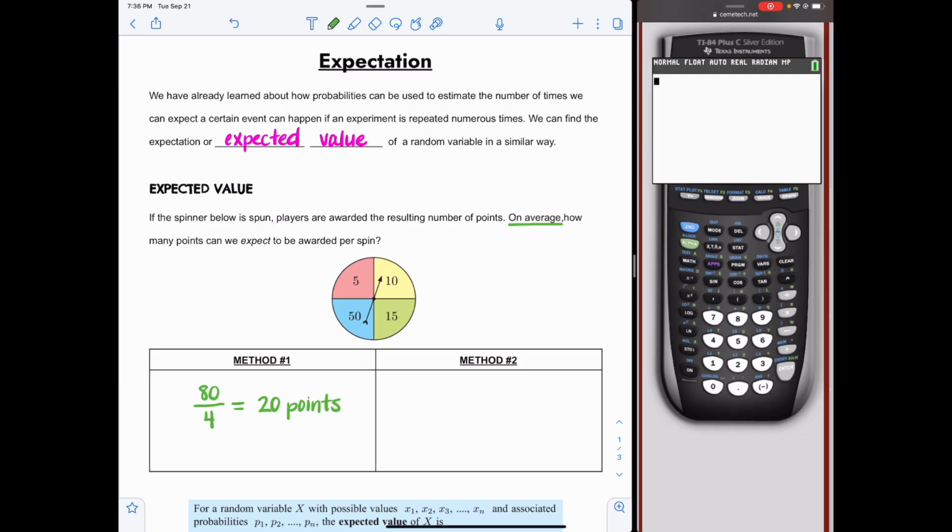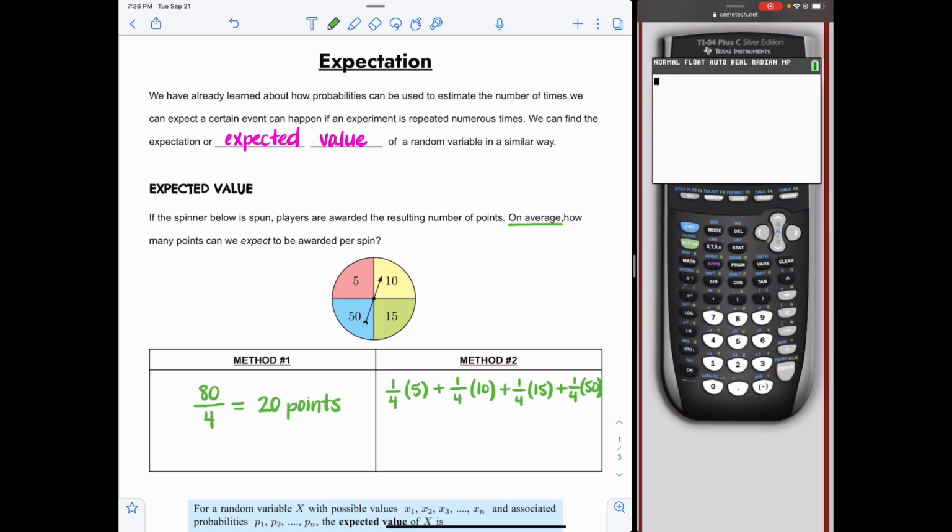Another way that you could do this is you could multiply the amount of points by the probability that you will get those points. Each of these sections are 1/4 of the entire spinner. So I could say that my average is going to be 1/4 of 5 plus 1/4 of 10 plus 1/4 of 15 plus 1/4 of 50.